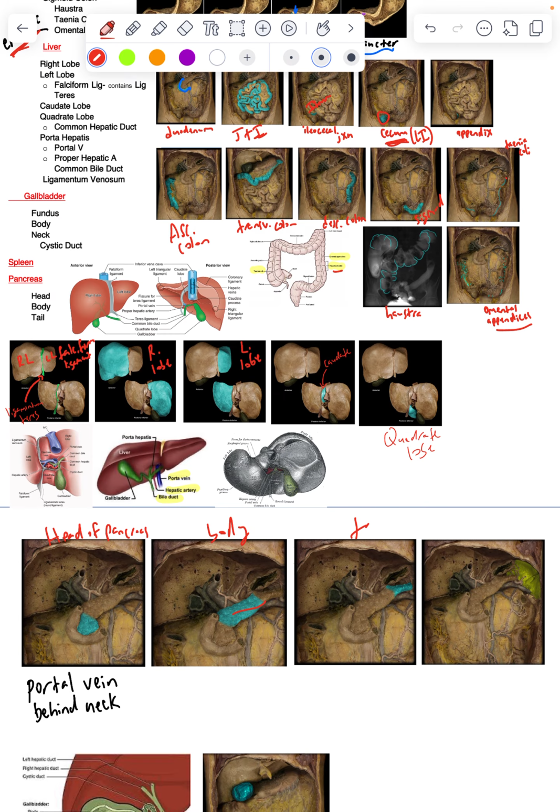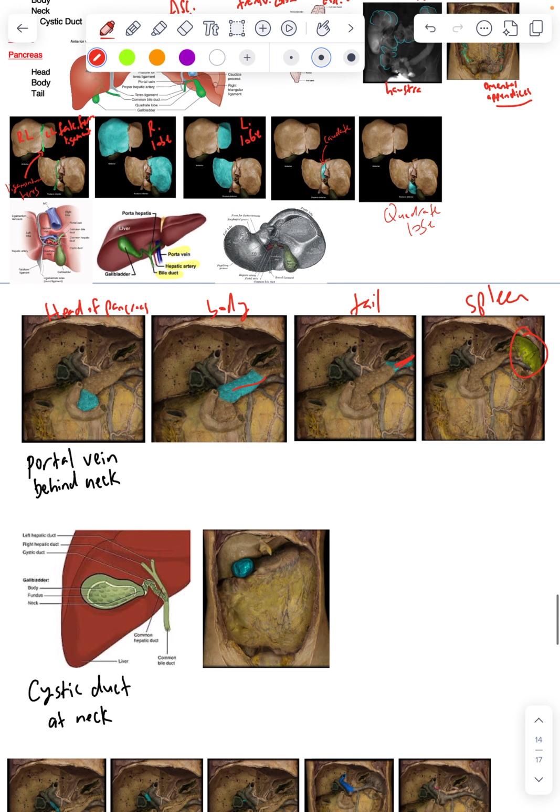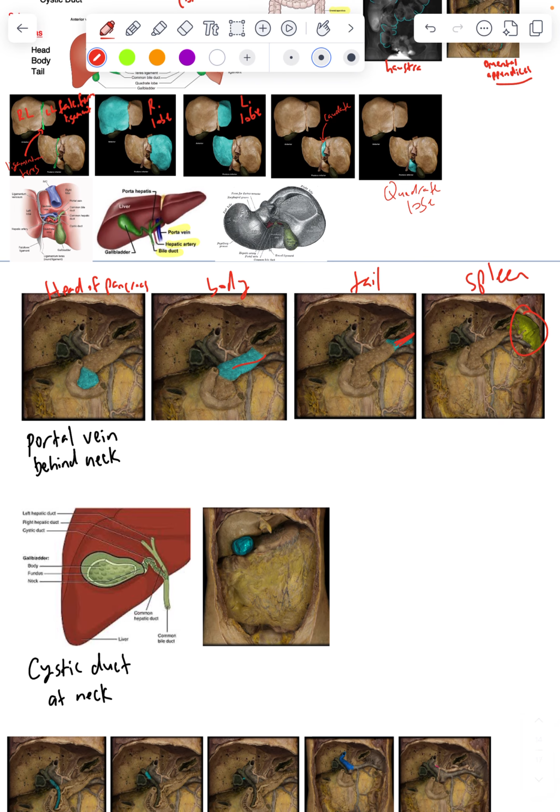And at the end is your tail. Your tail is towards your spleen. So this is actually your spleen. And then with your gallbladder, you have the top part, which is the fundus, just like the stomach. Remember we said top part is fun, top of the slide. Everything in the middle is your body. And then the end right here is your neck. And that's actually what your cystic duct is connected to.